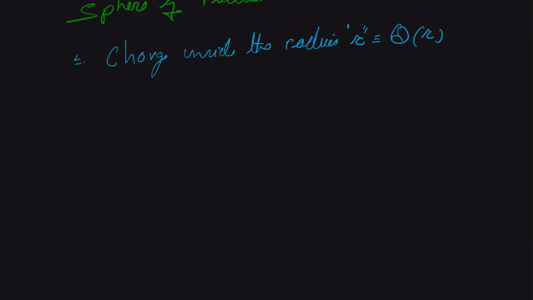So we can write that this charge will be equal to our density, which is nothing but our volume charge density, times 4 by 3 pi r cube. So this is the total charge inside the radius r.